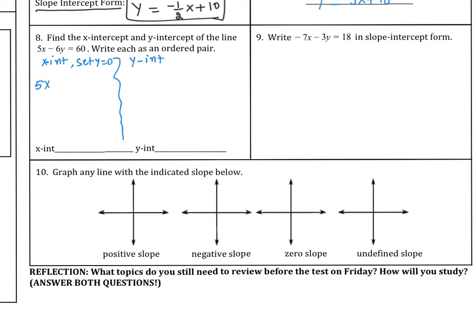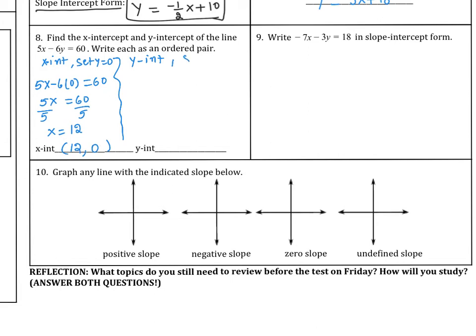So 5x minus 6 times 0 equals 60. So 5x equals 60, and when you divide by 5, x equals 12, and the point is going to be 12 comma 0.